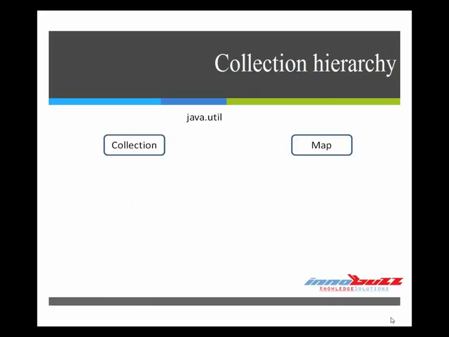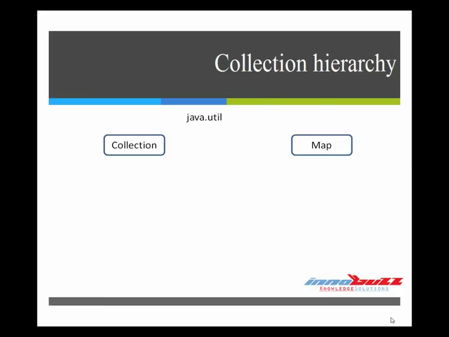The collection represents a group of objects. All objects are called elements. So this only means that we have a group of elements. There can be different kinds of collections. There can be ordered and unordered.